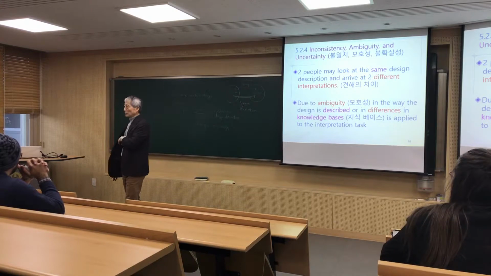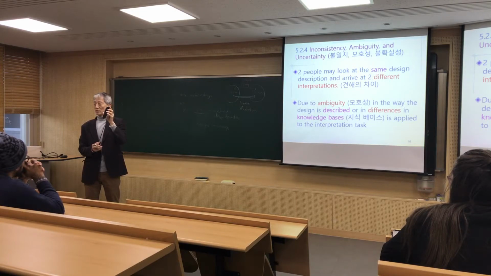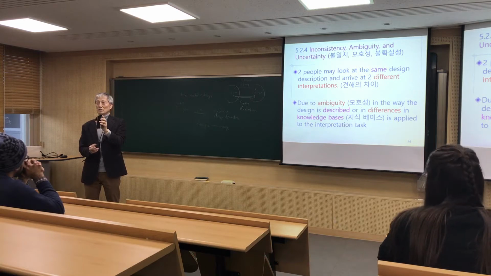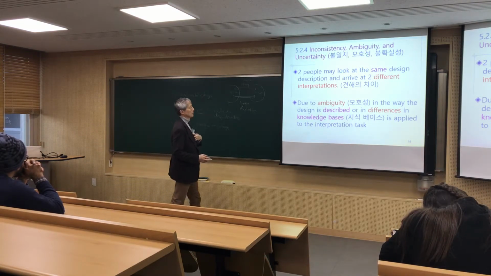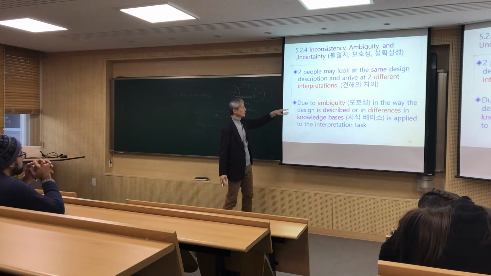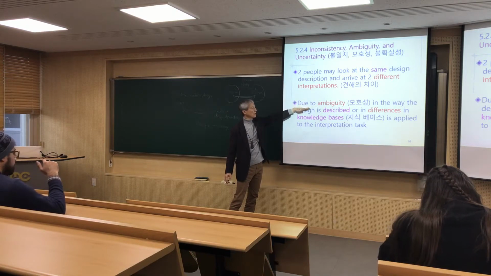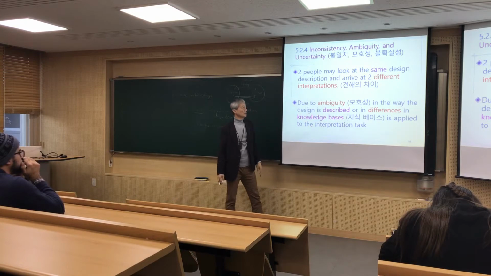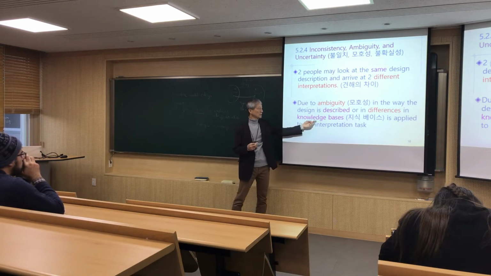a smartphone too. Right? A smartphone looks like a very complicated one. Whether this one can be well sold in India, how do you think about this? Depending on your interpretation, you have a different opinion on this. Because the difference is coming from ambiguities in the way the design is described, and also from differences in knowledge bases.